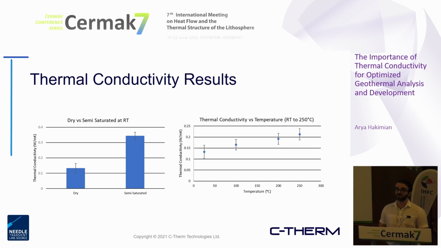The other aspect that was looked at here was the measurement across a temperature range, simply noting that as you increase the temperature of your samples throughout your measurements, the trend shows a net increase as a function of that increase.